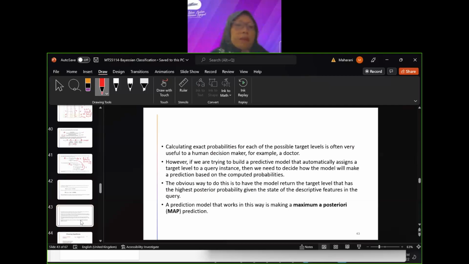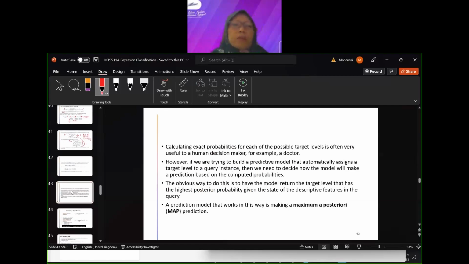And this actually leads to another definition from the Bayes theorem. Calculating exact probabilities for each of the possible target levels is often very useful to a human decision maker, for example a doctor.